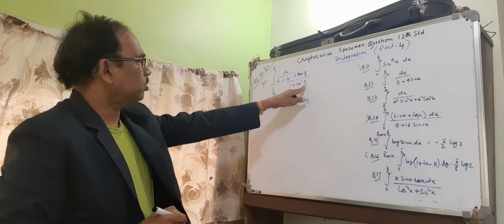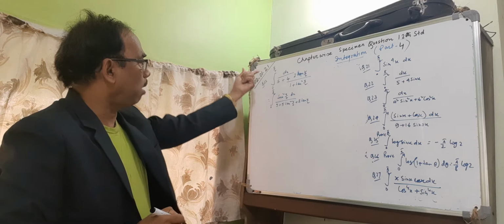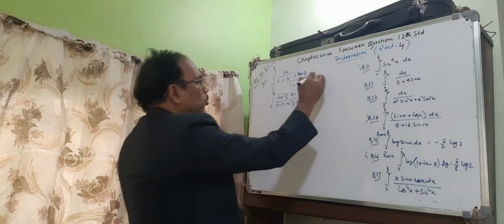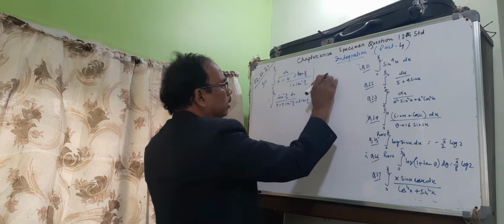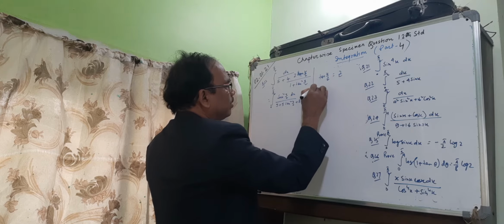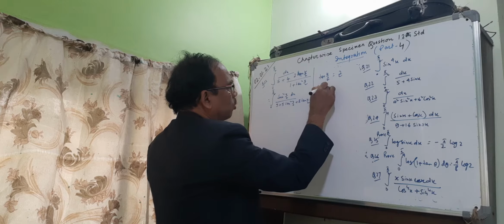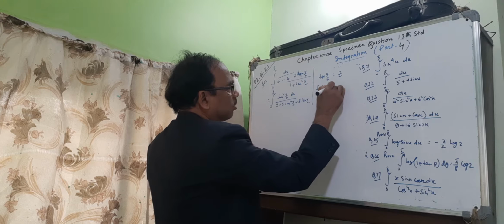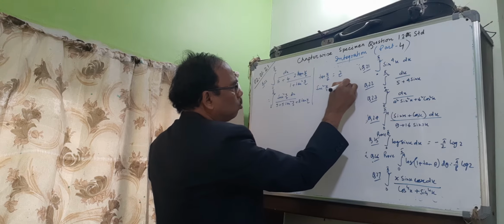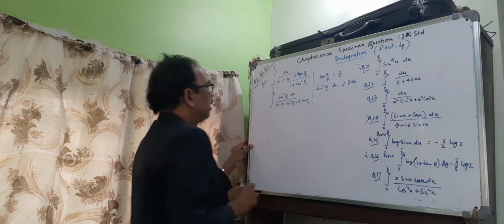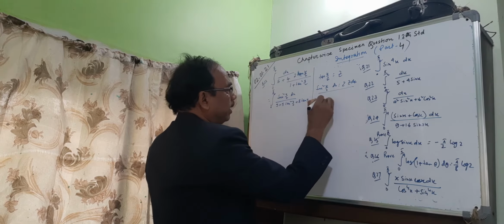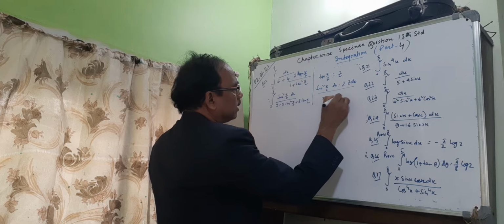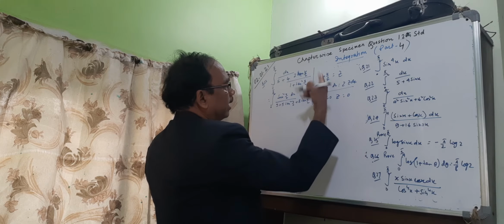The denominator is 1 plus tan square x by 2, so that sec square x will go up. Now take tan x by 2 equals z, then sec square x by 2 into half dx equals dz, so that will be 2 dz. Now change the limit. If x equals 0, z equals tan 0, which is 0.